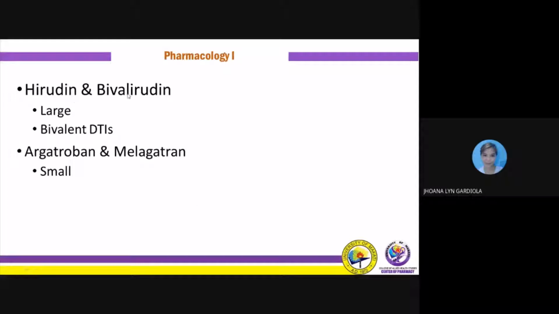So, hirudin, bivalirudin, argatroban, and melagatran, these four drugs are classified into their molecular size and binding sites. Hirudin and bivalirudin are large bivalent DTIs. DTIs means direct thrombin inhibitors.